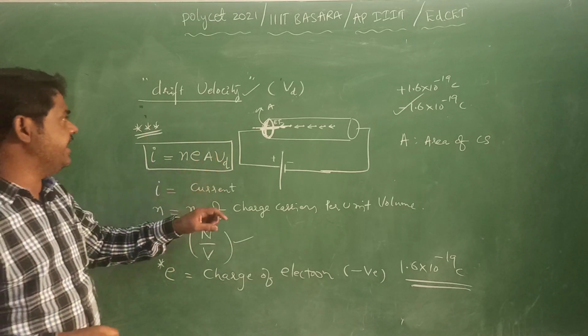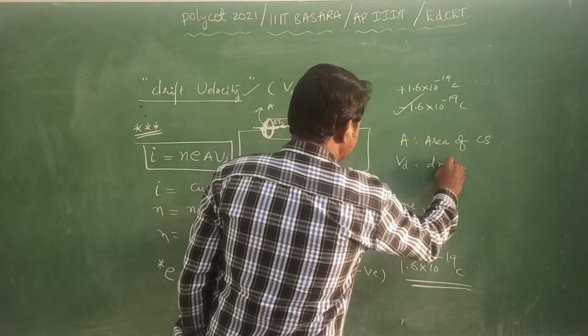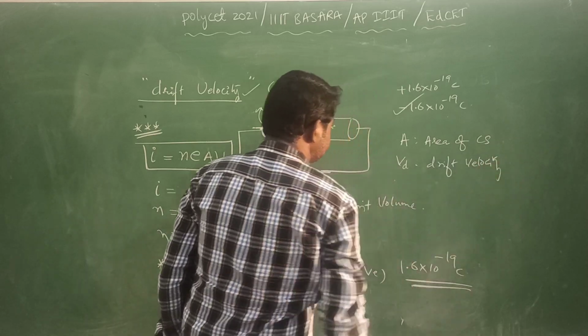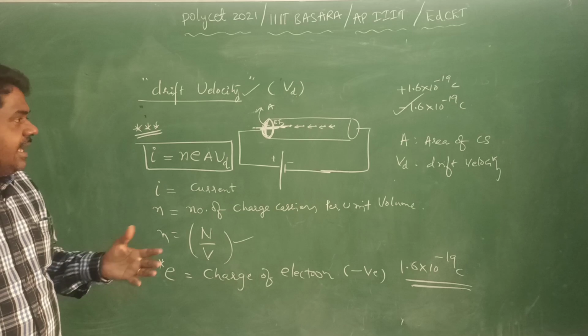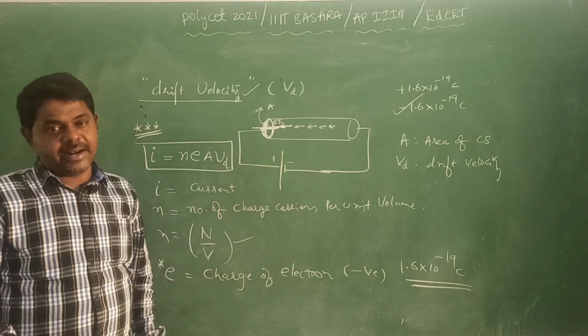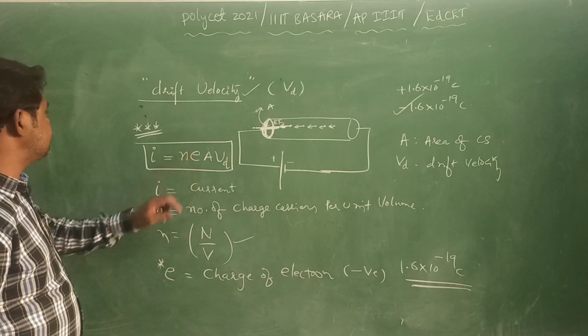Then what is VD? VD is drift velocity. Drift velocity is the velocity acquired by the free electrons when connected to a battery, right? Now we can write the formula for drift velocity using this equation.